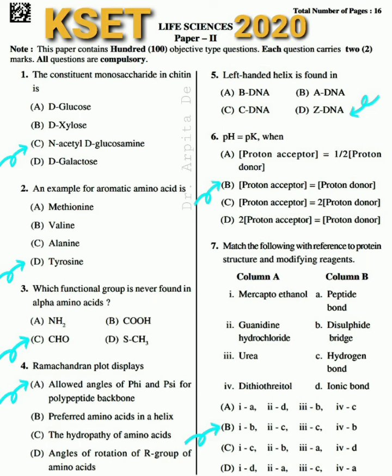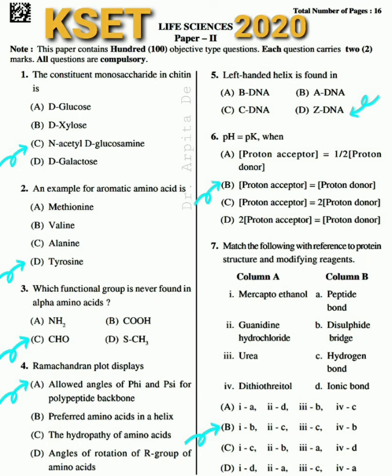We had talked about Ramachandran plot when we were studying about amino acids. So what does Ramachandran plot tell us? Ramachandran plot shows the statistical distribution of the combinations of the backbone dihedral angles phi and psi.